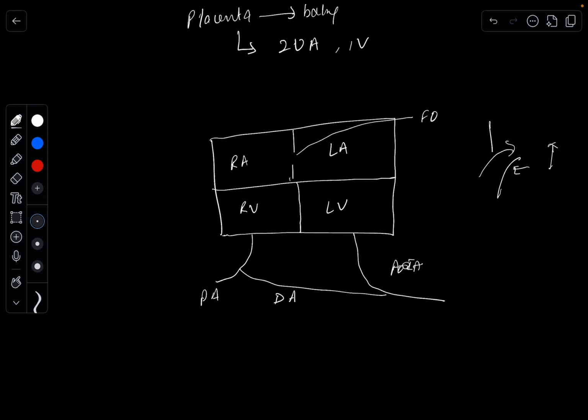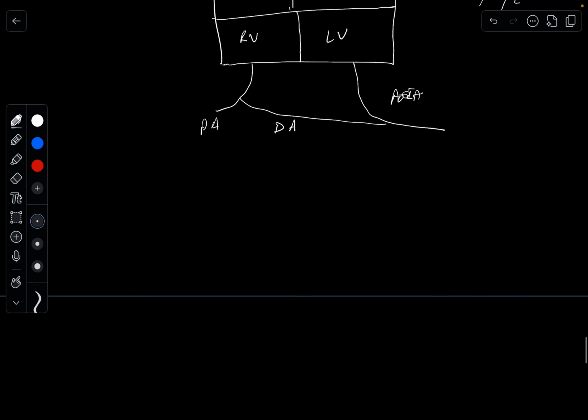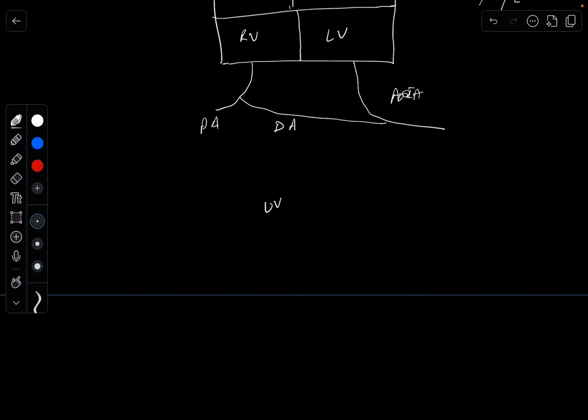Okay. And then in the liver area the umbilical vein will connect to ductus venosus, which will connect to IVC. There is bypass of the portal circulation.